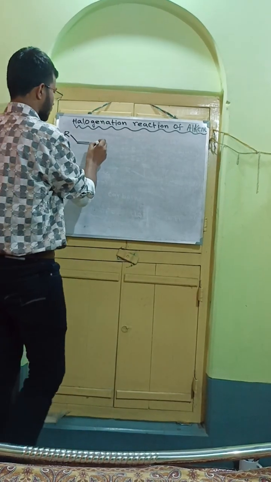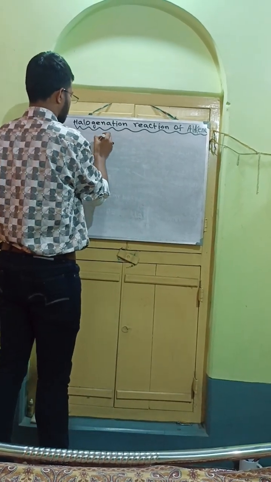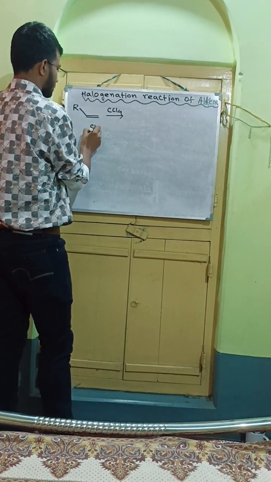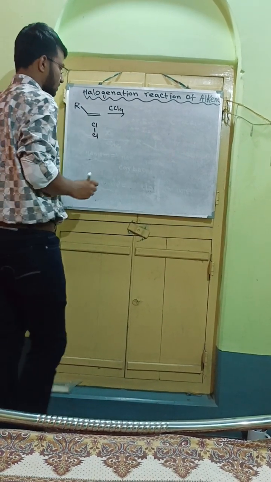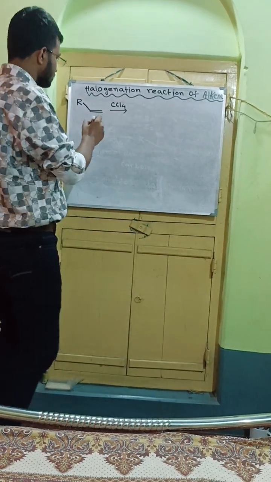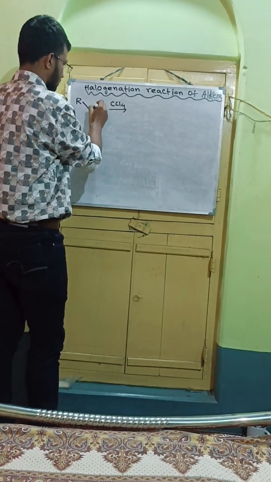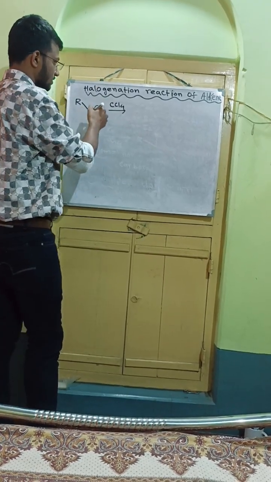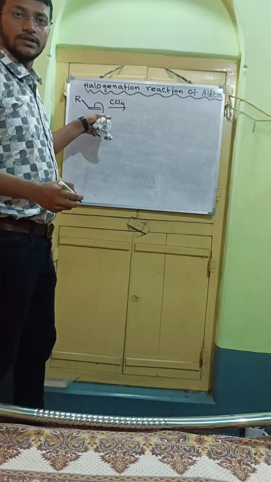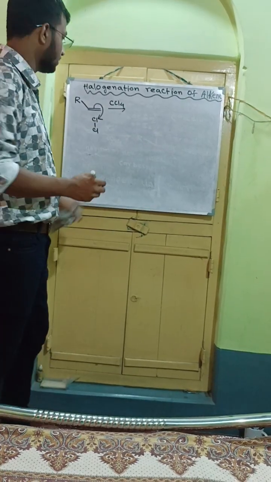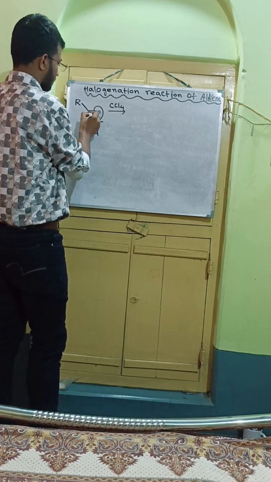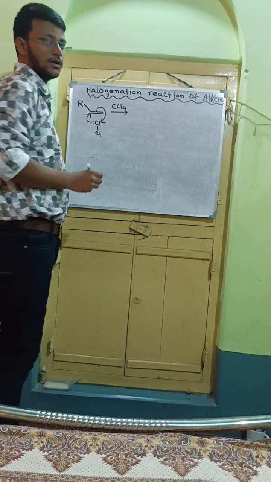Okay, and we are taking CCl4 as medium, and if we add chlorine, then the reaction starts with the donation of the electron pair of this double bond into the vacant d orbital of chlorine, and at the same time the lone pair of chlorine will attack the carbon.